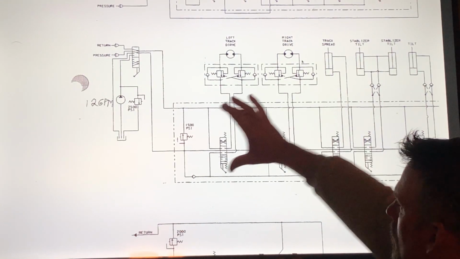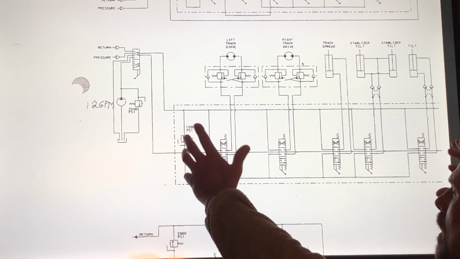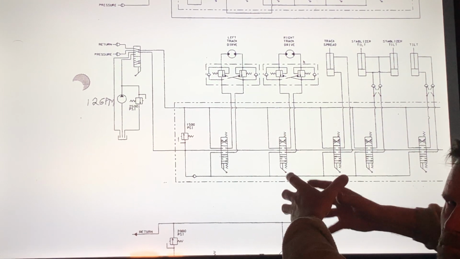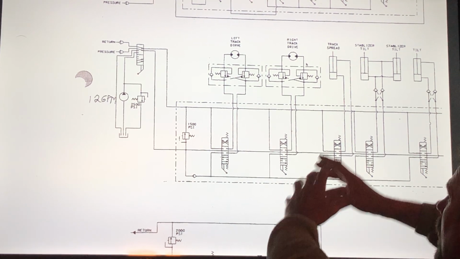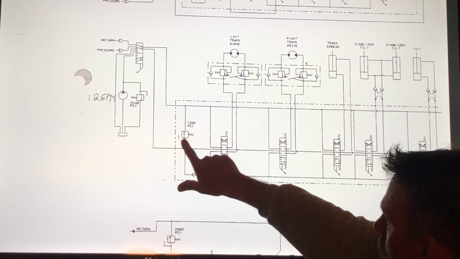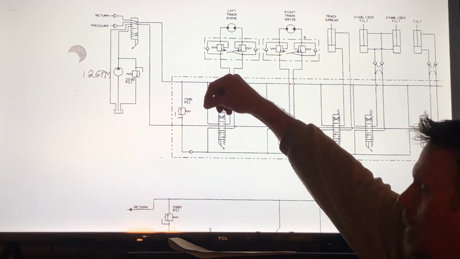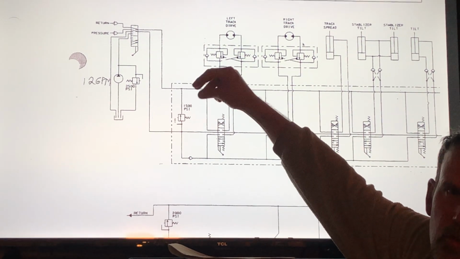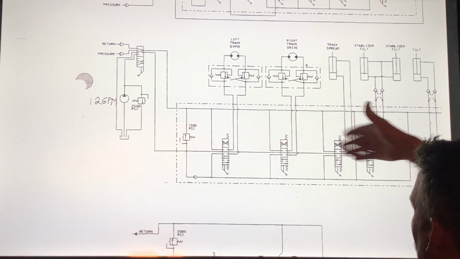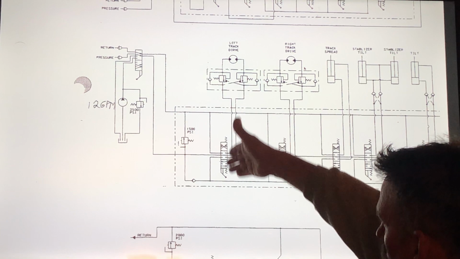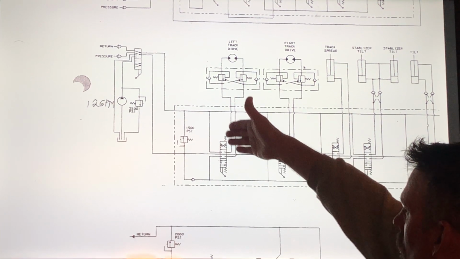All of those symbols in there look very confusing, but you just have to know that that's what we have worked on the bench many, many times, and it's not complicated. This is showing you a relief valve, and that is just a cartridge that screws into the side of the directional control valve. And like I said, these are the different stacks, spools, different names you've heard them called.